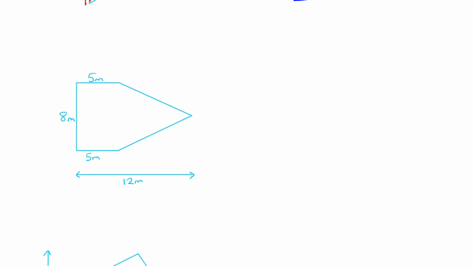So for example, if I decided to split there, this and this might be equal, but neither of them is a shape for which we know an area formula. Okay, so let's get rid of that. Whereas if we split here, we're making a rectangle and a triangle as usual. So let's call that 1 and that 2.